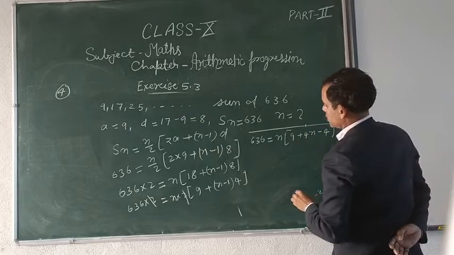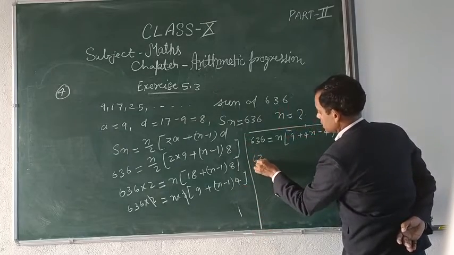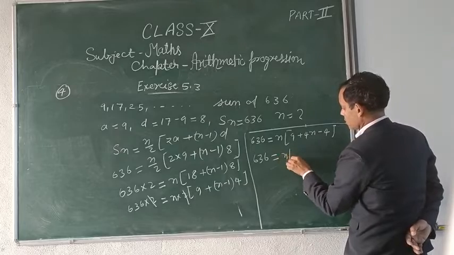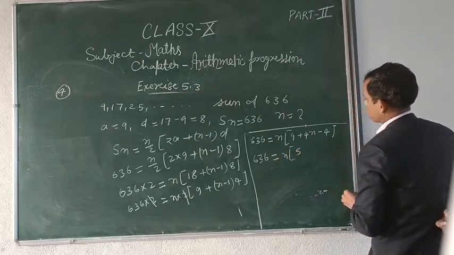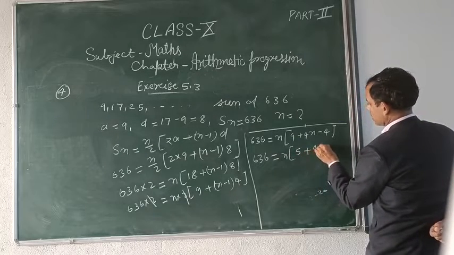This will be 636 equal to n times 5 plus 4n.